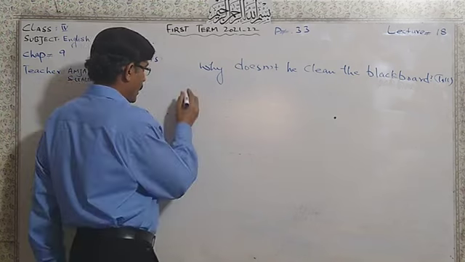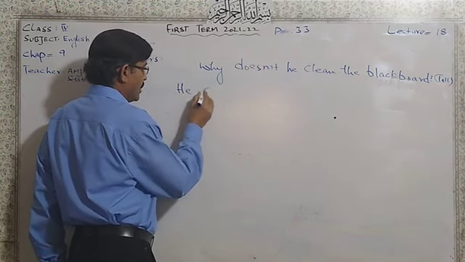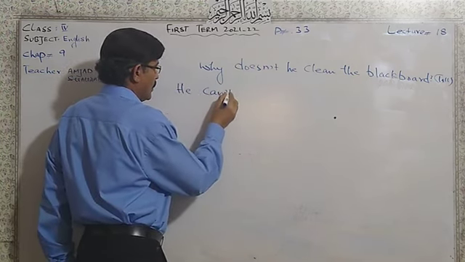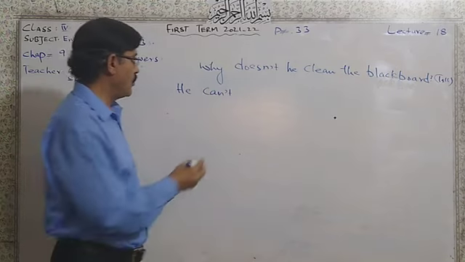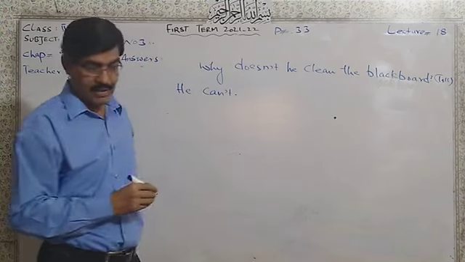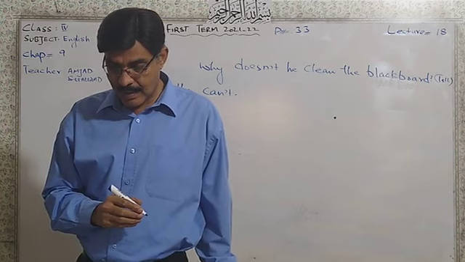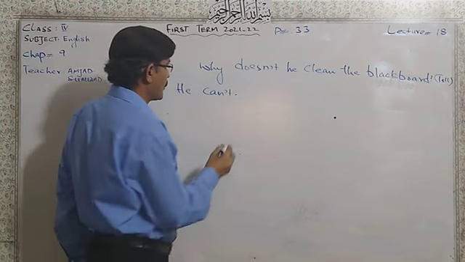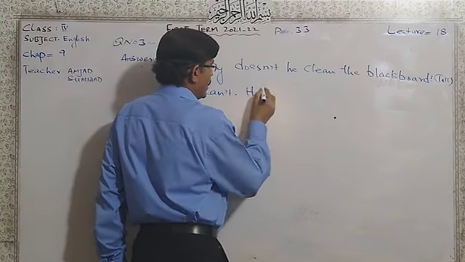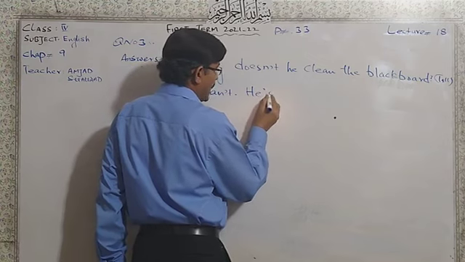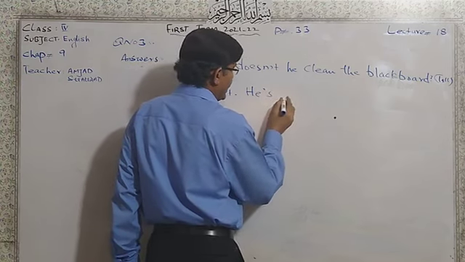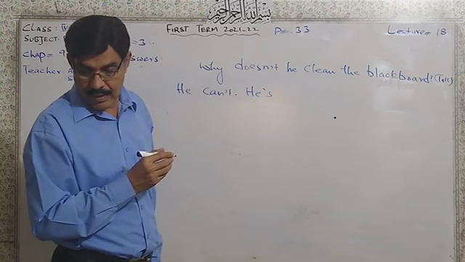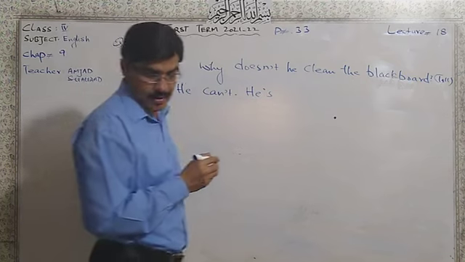He cannot. The answer is he can't. First one, he can't, full stop. Then he is not tall enough. He, apostrophe s, it means is. He is not tall enough. Look at this one. He is not tall enough.